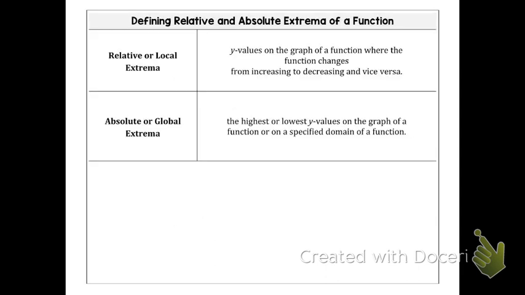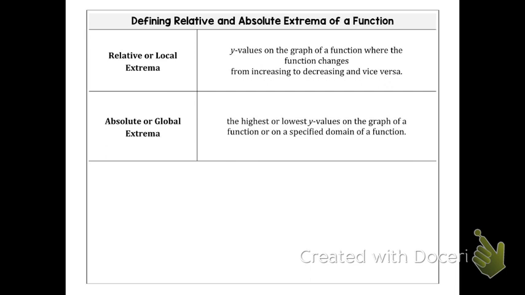And then just the definitions for both of them, side by side. Remember, relative or local extrema are the y values of the function where the function changes from increasing to decreasing or vice versa. And the absolute or global extrema are the very highest or the very lowest y values on the graph of a function or on a specified domain of a function.